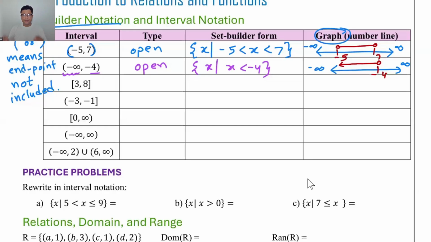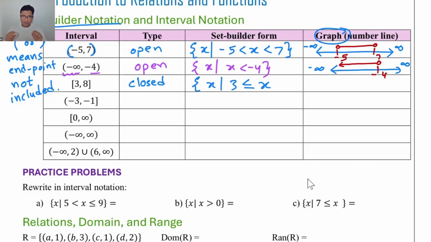Next, two square brackets. That is when the interval is closed. So you are including the 3 and 8 in that interval. And in your set builder form now, a small change will take place. 3 is the left endpoint, but now you will say 3 is equal or less than x. So these are two different types of inequalities.